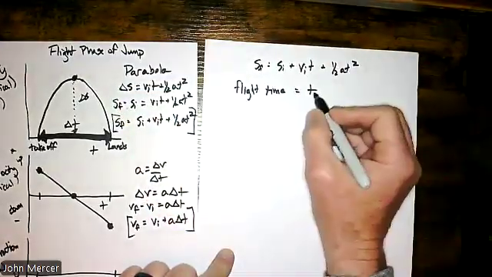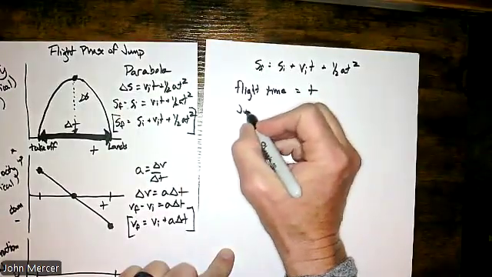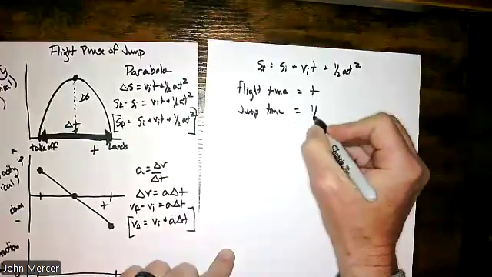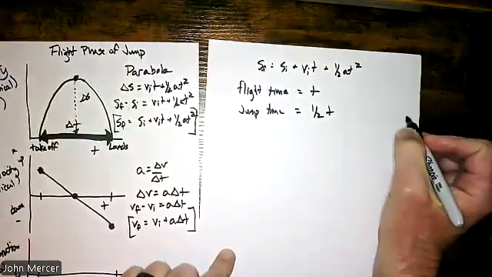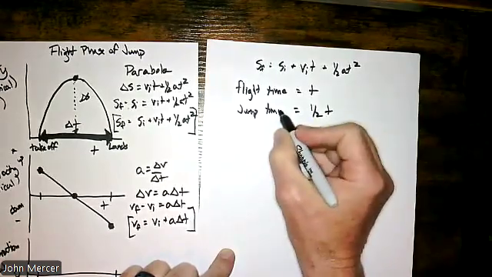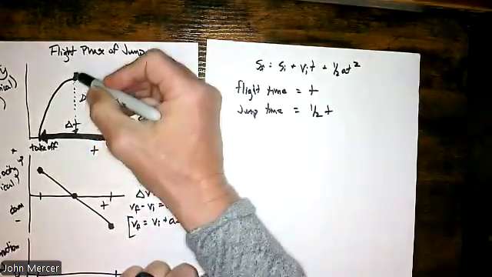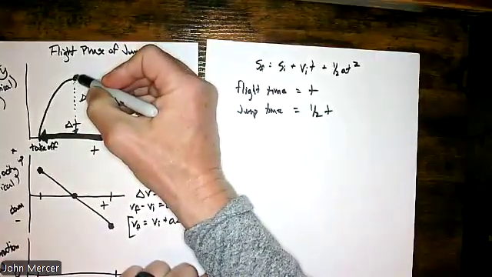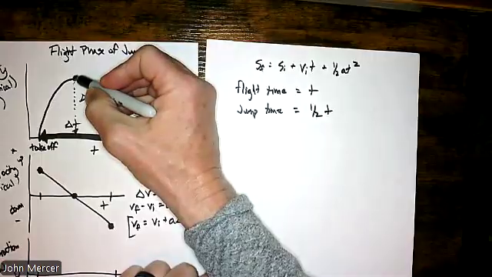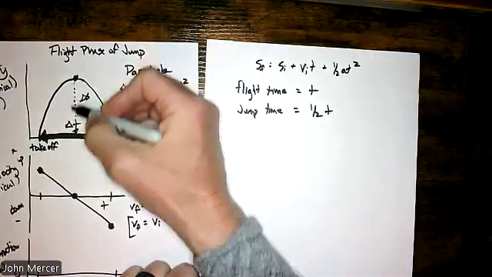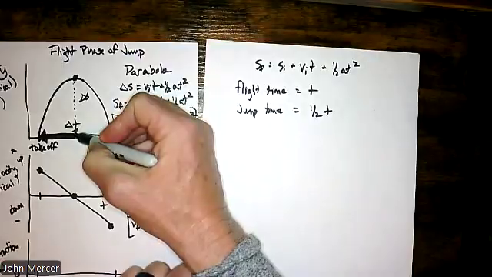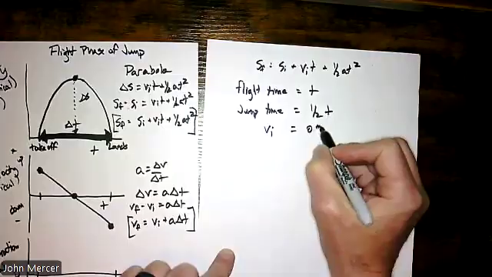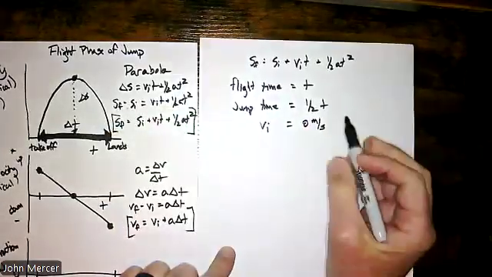So flight time is T, so to do jump time, we actually take 1/2 T. And then we also only look at the time to reach the apex, or if we just want to do it simpler, for conceptual purposes, we can identify that this velocity here is 0, and we are going to calculate this distance here. So we do VI is 0 meters per second, only dealing with half the problem.